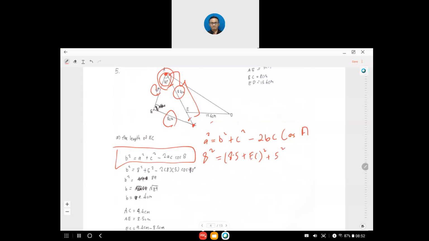Minus 2 times 8.5 plus EC, times 5, times cos 60. So you can get EC directly. When you solve this equation, you can get EC equal to 0.727. That one is for question A. Okay, question B.